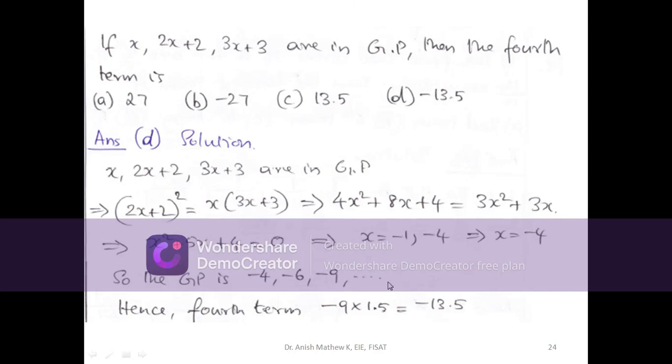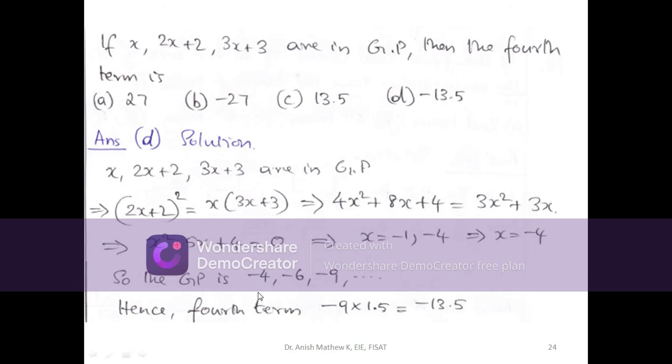In this manner, what is the common ratio? 6 by 4 equal to 3 by 2 equal to 1.5. So the common ratio is r equal to 1.5, and the first term is equal to minus 4.